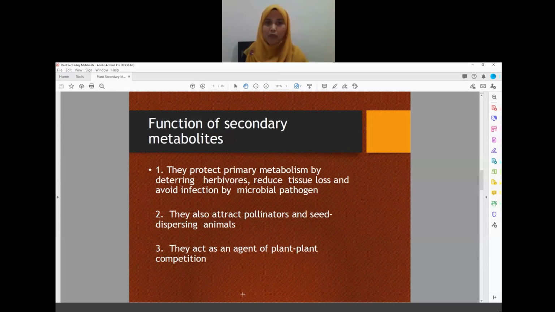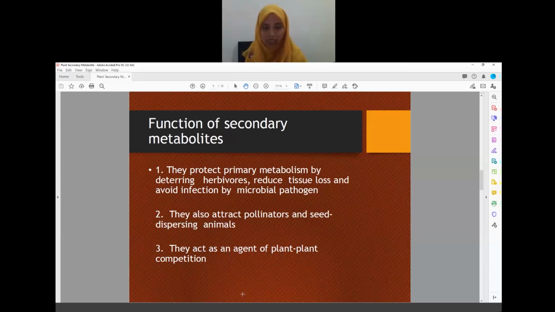If you ask me how these compounds attract the pollinators and seed dispersing animals, the answer is easy. The color from the flower, if you see some flowers tend to be purple in color, some are red, some are yellow and so on.